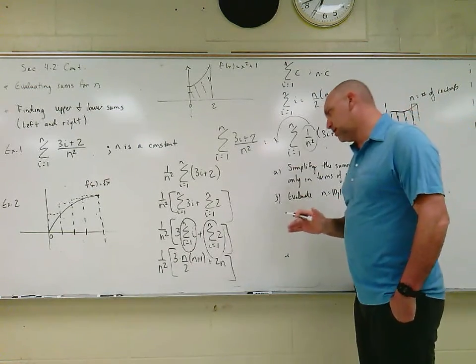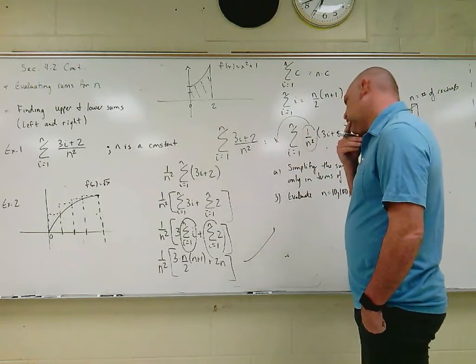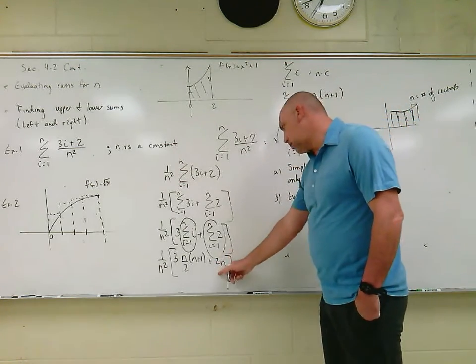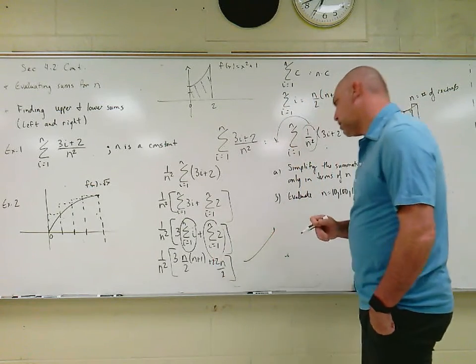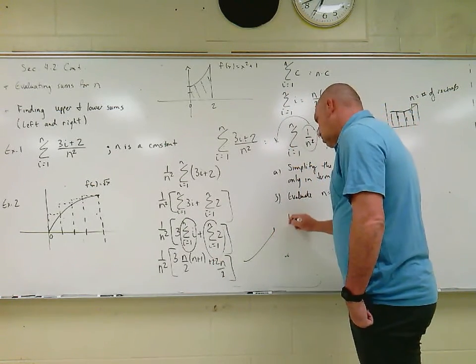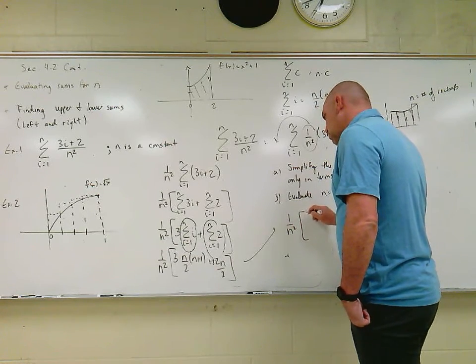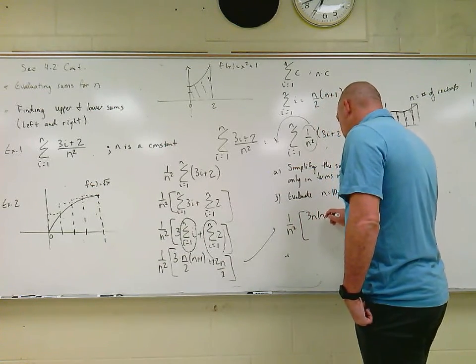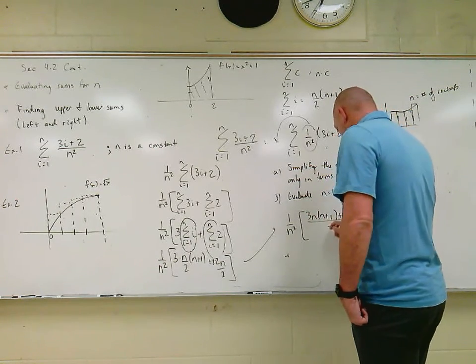Now, I might clean this up a little bit. Let's see, I might get a common denominator of 2 here. I could make this 1 over n squared times 3n times n plus 1 plus 4n, all over 2.